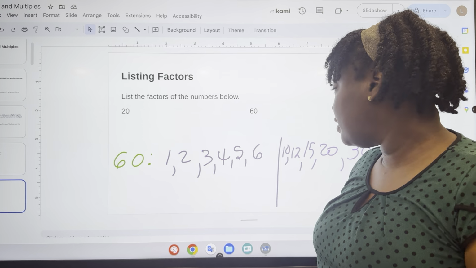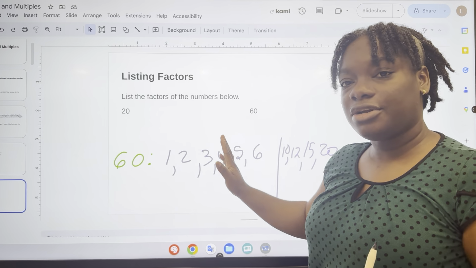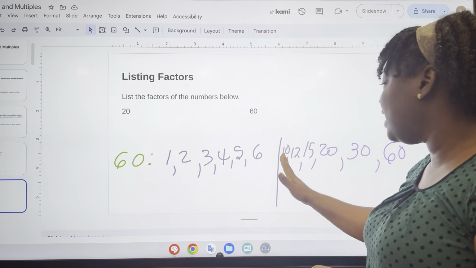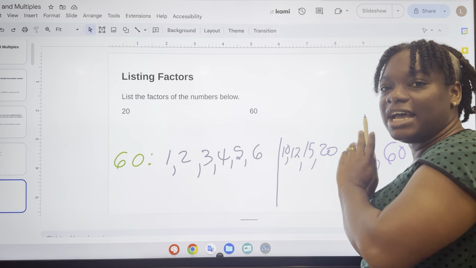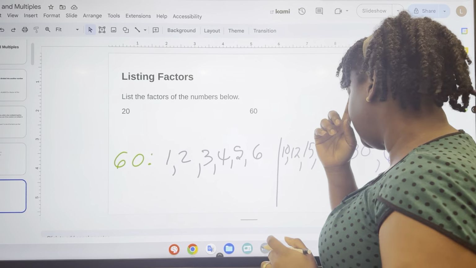Let's check for 7. Can 7 work? No, it's not a factor. 8, not a factor. 9, not a factor. My next number would have been 10, and it's already on this side, so it means that we would have completed listing all our factors of 60.